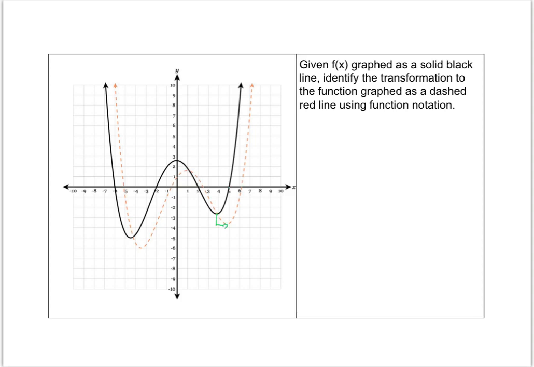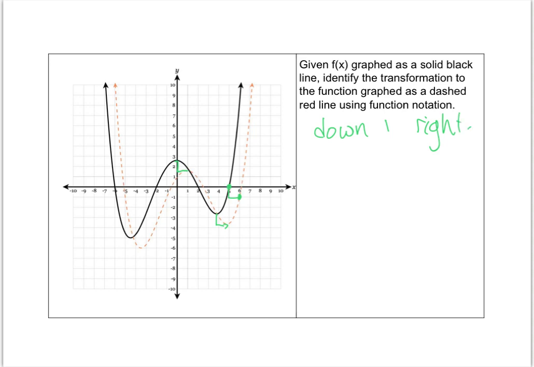It's looking like we're going down and to the right. So if I start at 5, 0, could that be that relationship? That looks like about the same thing. Checking this peak here, that makes sense that we're going down 1 and right 1.